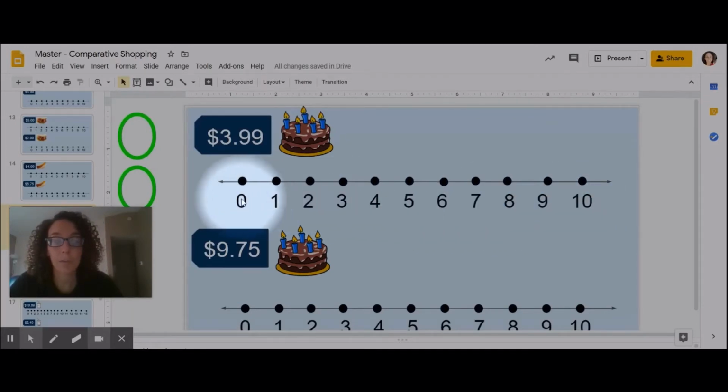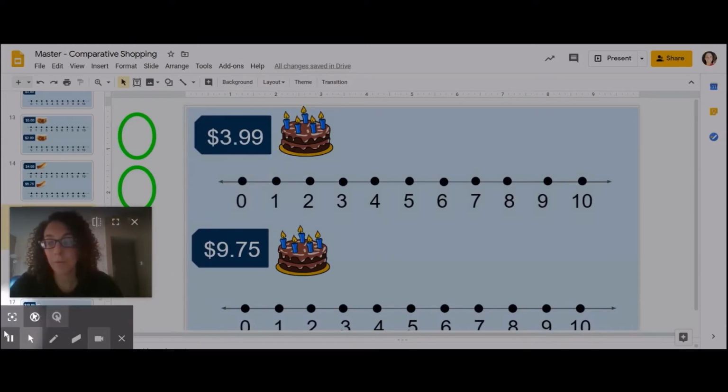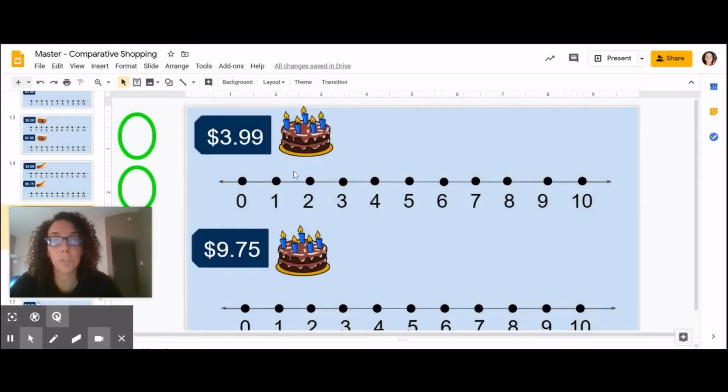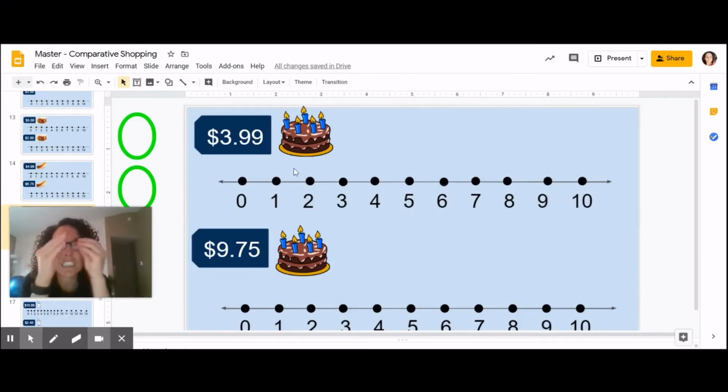This is our number line that goes to 10. 10 is a bigger number than 1. Now, we can use our number line to figure out which cake is less money, is smaller? Which one costs less?